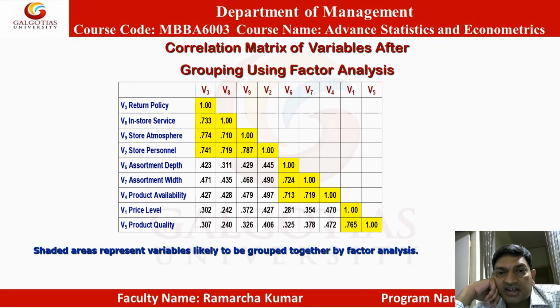So we expect that one factor will capture variation in all these 4 variables. Then variables 6, 7 and 4 are highly correlated, so we expect that another factor will capture variation in these 3 variables. Variables 1 and 5 are highly correlated, so we expect that the third factor will capture variation in variable 1 and variable 5.